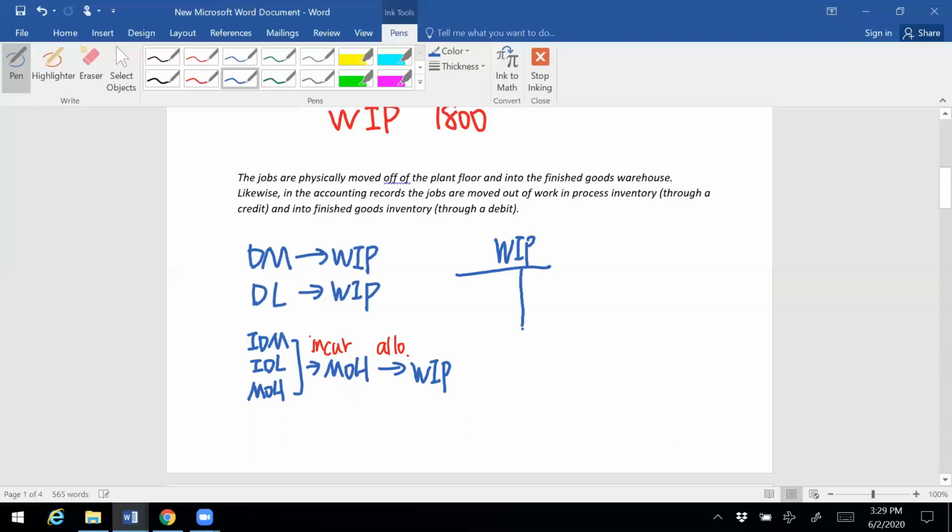So your total work in process will have three parts. When it is work in process, it will have this direct material, it will have this direct labor, and it will have allocated manufacturing overhead.